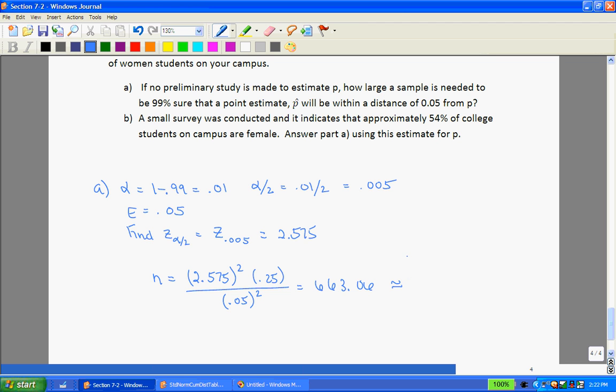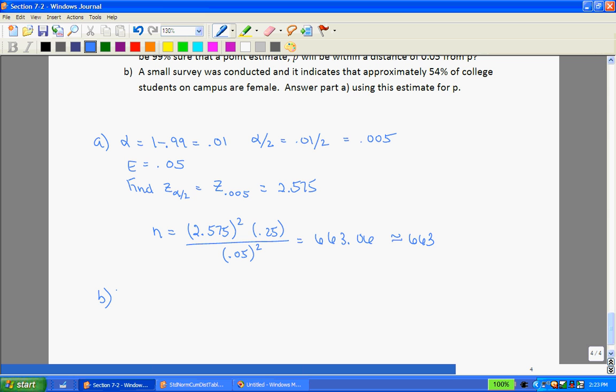If we round to the nearest whole number, that'd be 663. What that number means is, in order to produce a confidence interval where we are 99% sure that the interval contains the true proportion of female students on campus, we would need a sample at least as large as 663. Let's take a look at Part B.